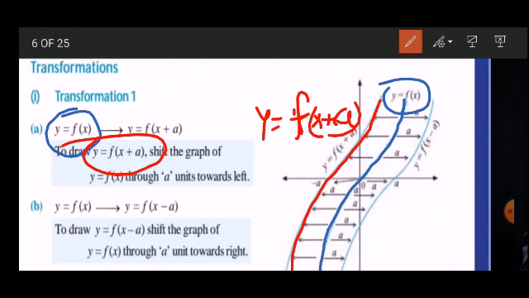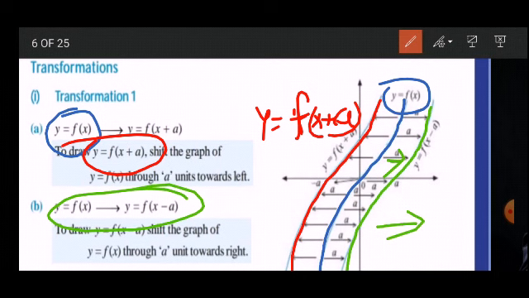And here in the green part, that means f of x minus a unit, shifted rightwards here by a unit, and the red part goes leftwards.